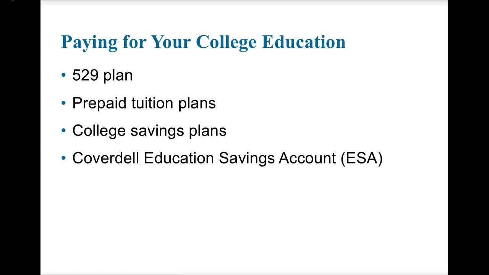If your parents or you have a 529 plan, this can help save money and reduce your taxes to pay for college. There are certain tuition plans where you prepay and can get multiple years of tuition at a greatly discounted price. There are, of course, college savings plans and college savings accounts. So these are different things you should think about.